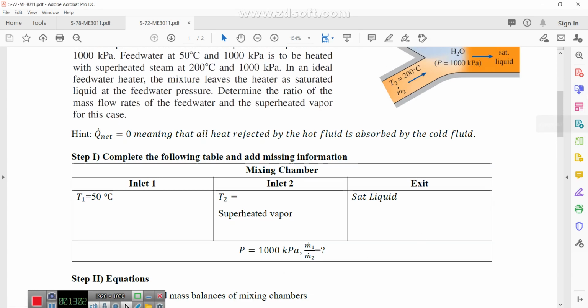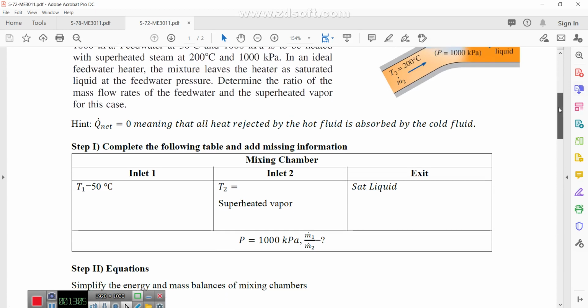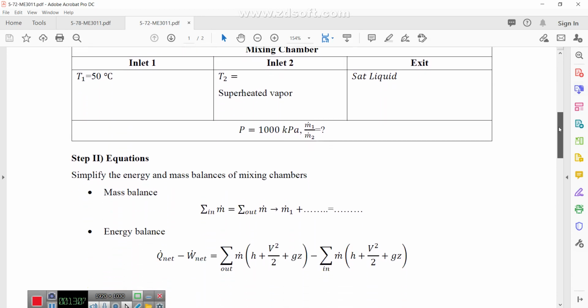Okay, now to solve this problem in a second step, I listed all equations for mixing chambers. So we have mass balance and energy balance. For the mass balance, you can write sigma m dot in equals sigma m dot out.